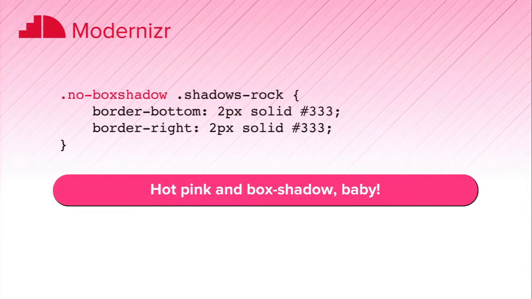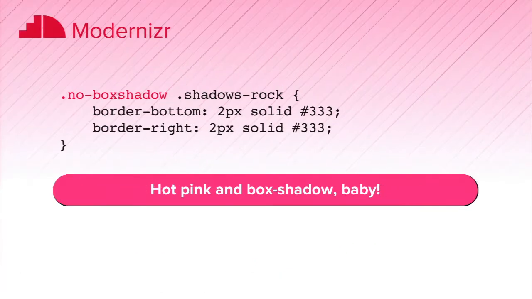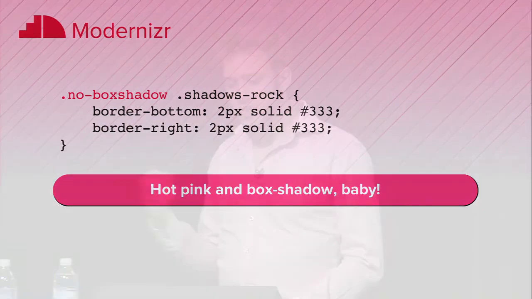And then on that same div, we just say, OK, we do a border-bottom and a border-right, and we kind of mimic it. It's not the same. I mean, you can see that's really not quite as pretty. But the general feel of the design remains intact. And we just fall back gracefully to some alternative solution. It may not be as nice, but at least we can maintain the experience in a good way.